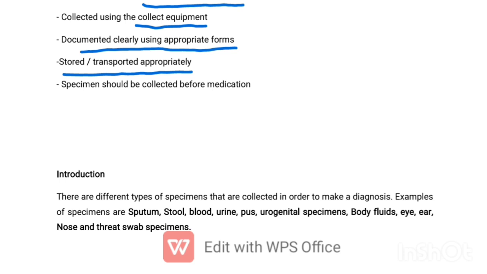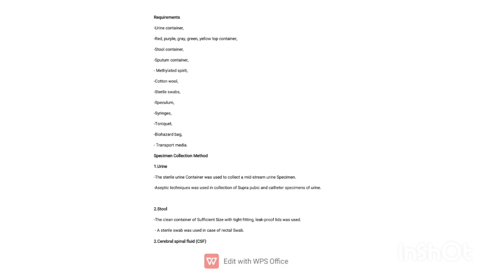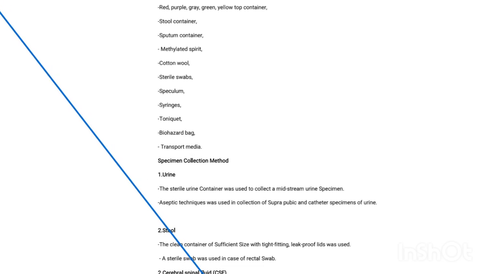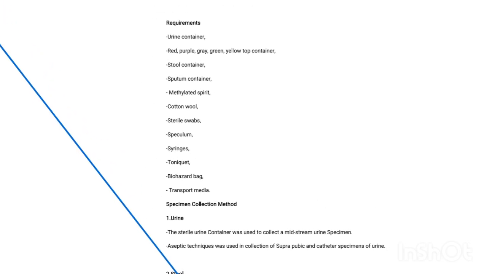For example, we have sputum, stool, blood, urine, pus, urogenital specimens, and body fluid, and the ear, eye, nose and throat swab specimens. These are the common specimens that we can collect in the laboratory.